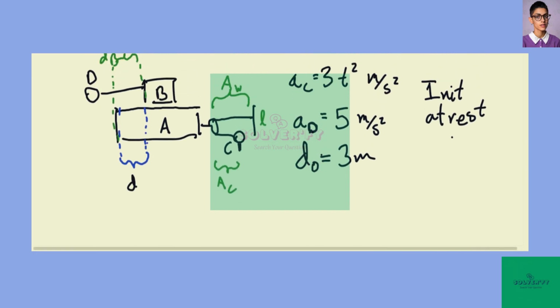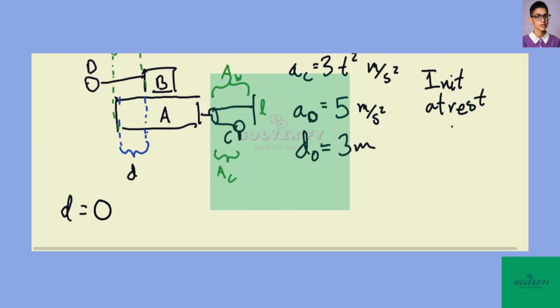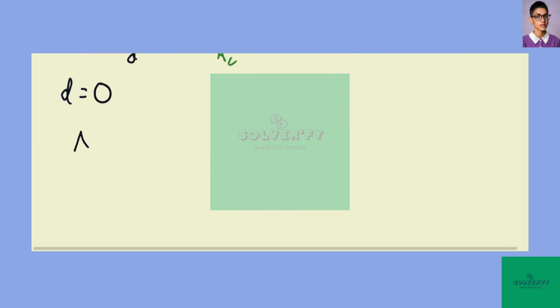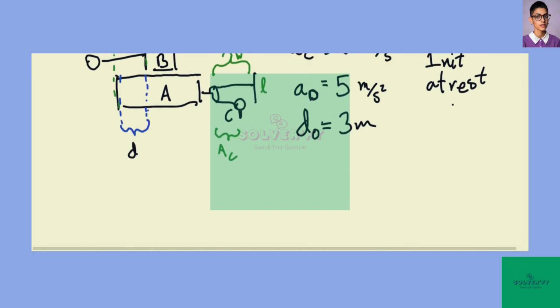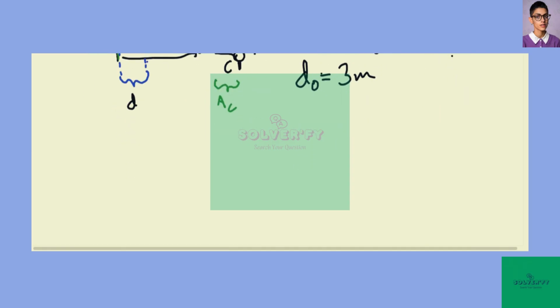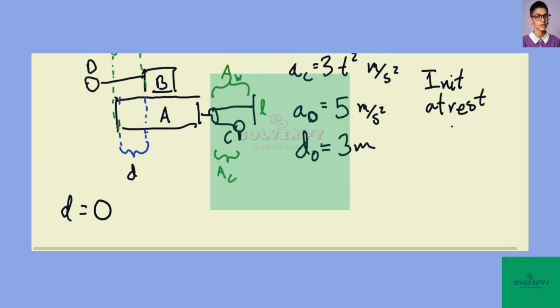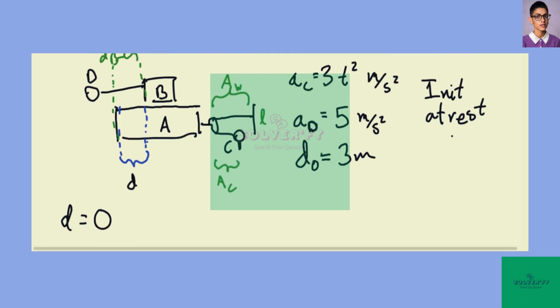I've gone ahead and defined some fixed points in this system. One coordinate I'm using is DB, which is the distance between B and the initial edge of block A. And I've defined AW, which is the distance between A's pulley here and the wall, and AC, which is the distance between A and the motor C. So what we're interested in finding then is when D is equal to 0.